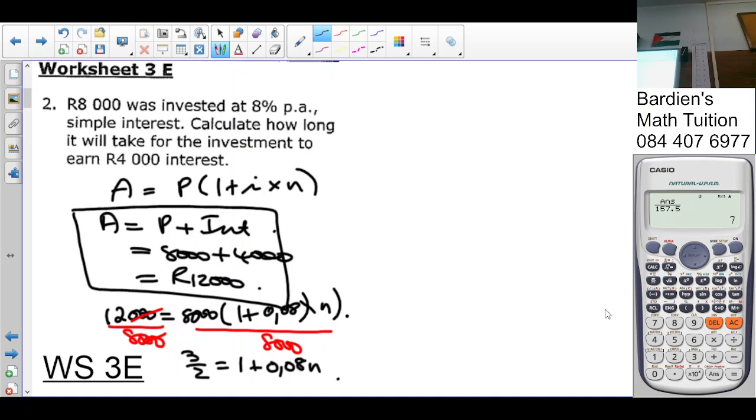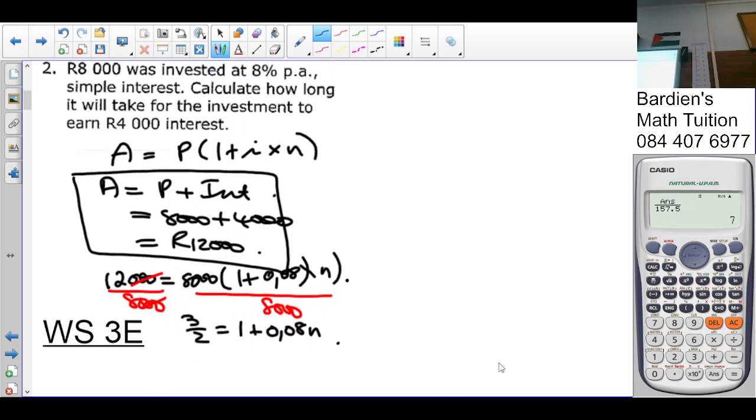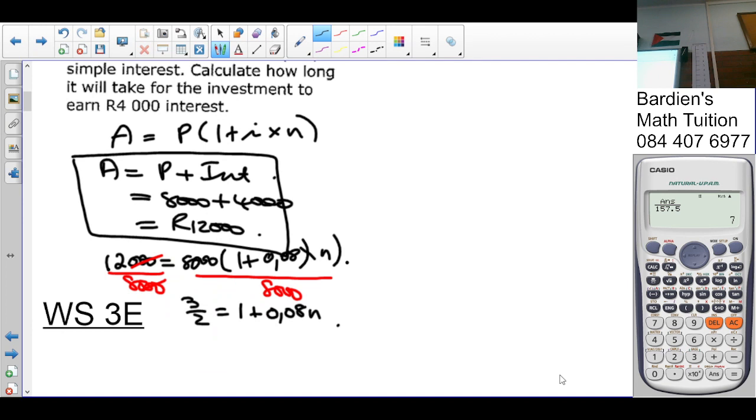So what do I do now? You first take the 1 over, not so? So it's going to be 3 over 2 minus 1, which is a half. It's equal to 0.08N. Now what do I do? Divide by 0.08 on both sides.